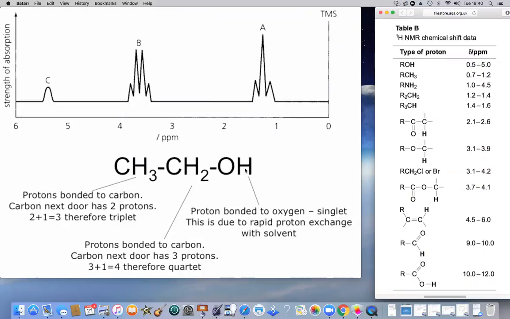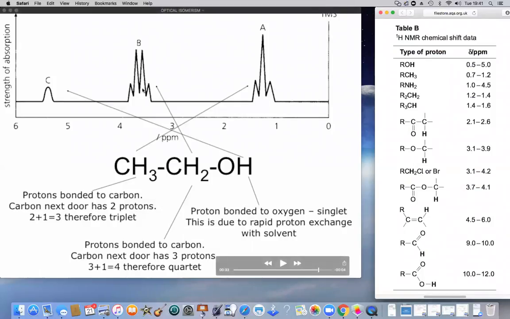I think, if my memory serves me correctly, if you tried to do an analysis without a solvent and it was a pure sample of ethanol, I think you would see some spin-spin coupling. But because they're always dissolved in solvents and there's the chance for proton exchange, that doesn't happen. So it always appears as a singlet. So if you look at your signal, we have our triplet, our quartet, our singlet.